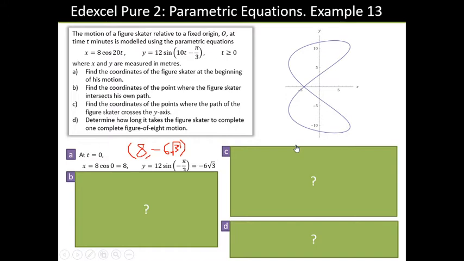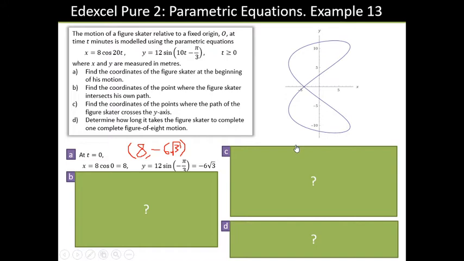But we have got an accurate diagram, we can see it, there are marked axes on it, and importantly we can see from the diagram that the point where the figure skater crosses his own path is also the point where he's on the x-axis. And if he's on the x-axis, what do we know? We know that y must be equal to 0.